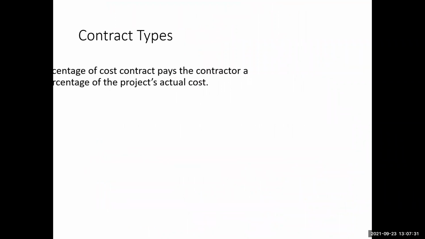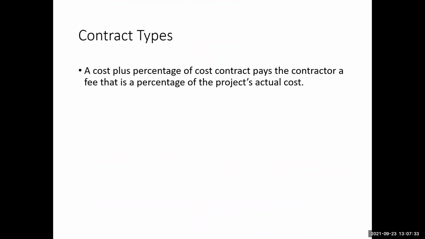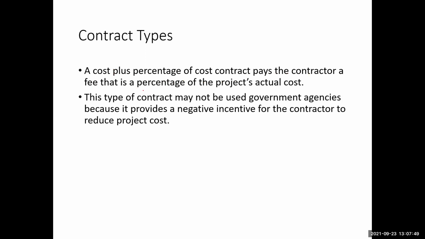Okay, so next, I think, is just the explanation of that. The cost plus percentage fee contract, as I have just described, pays the contractor a fee that is a percentage of the project's actual cost.